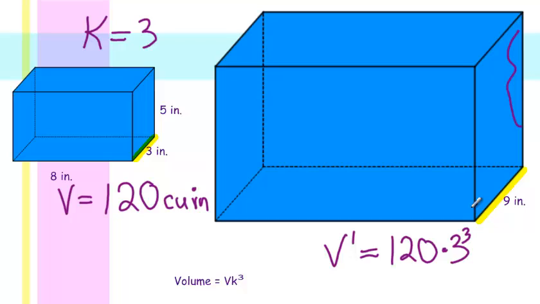Order of operations, cube the 3 first. 3 cubed is 27. Multiply that by 120, and the new volume is 3,240 cubic inches. That's how scaling works.